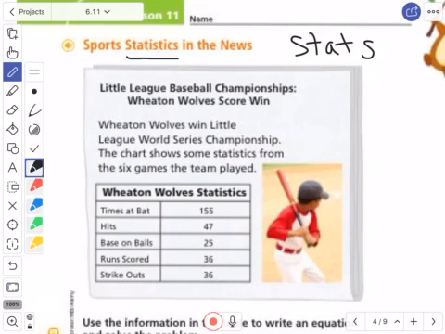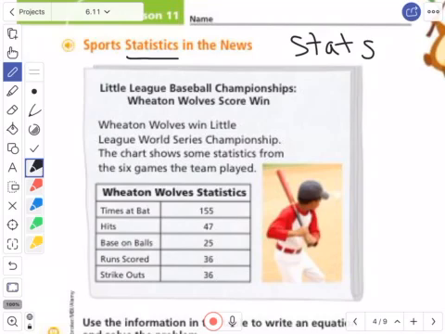Even in swimming, a stat is how fast the swimmer did her or his race. In volleyball, how many games those players are winning. Soccer, like scores and the amount of time people are playing.